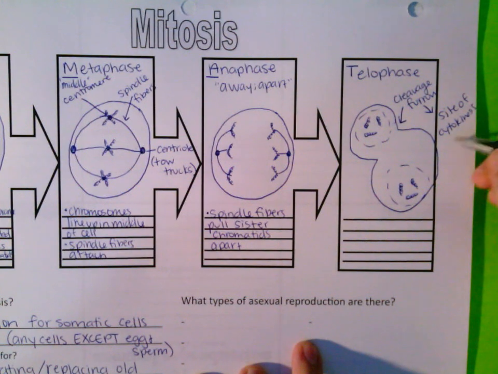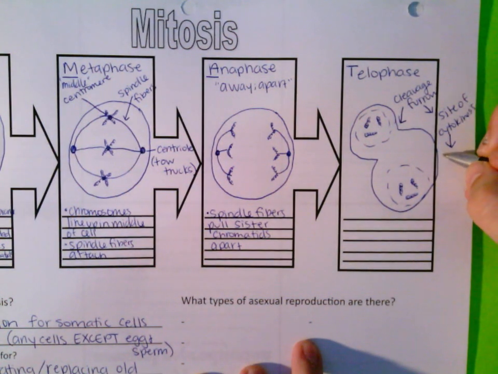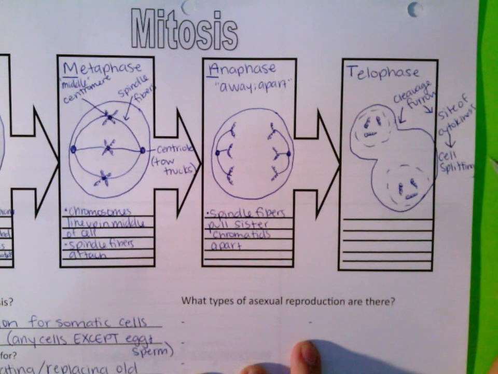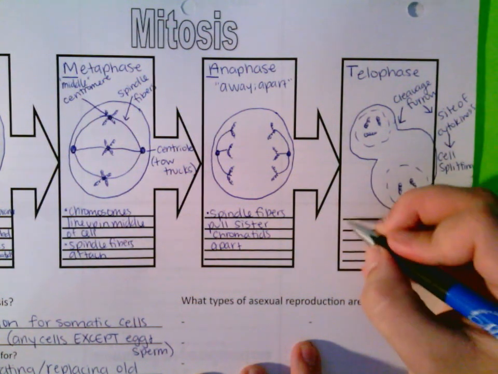So we have lots of big words, but it's all really easy because cytokinesis, all it means is cell splitting. Okay? So we have our nuclear membrane reforming.